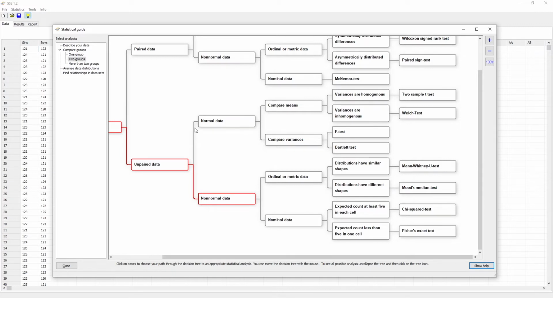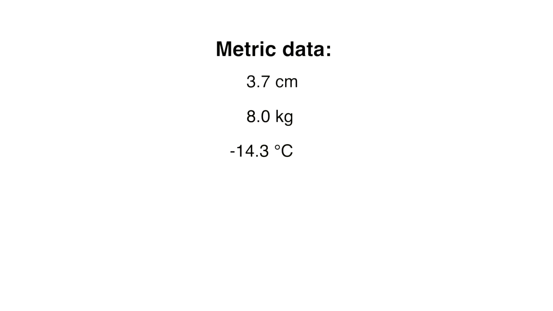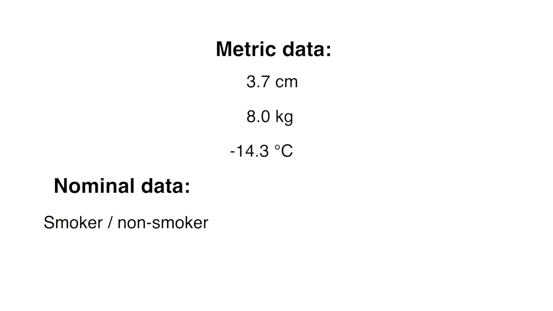Now we come to a very important question. What kind of data have you measured? This is important because each test has been designed for a particular data type. There are metric data, such as 3.7 centimeters, 8 kilograms, or minus 14.3 degrees Celsius. And then there are nominal data. These are classes which have a name but no particular order, such as smoker and non-smoker, or the colors green, red, blue.